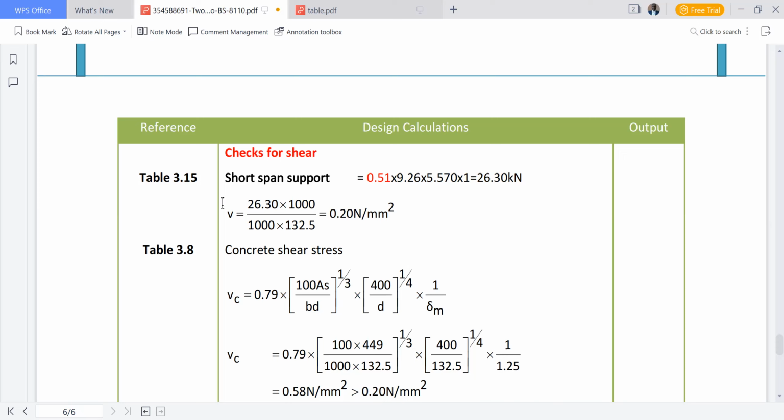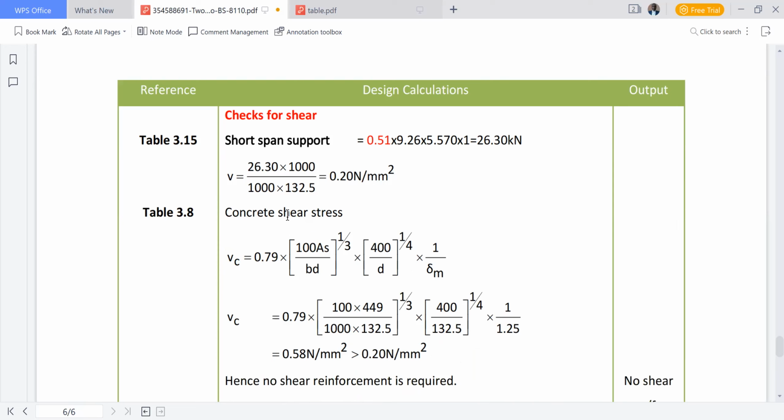Now, the design shear stress, we know it is shear force divided by the area. Area is given by breadth times effective depth. So we convert this to Newton by multiplying by 1,000 or 10 power 3. We divide by bd, and you get 0.2 Newton per millimeter square.